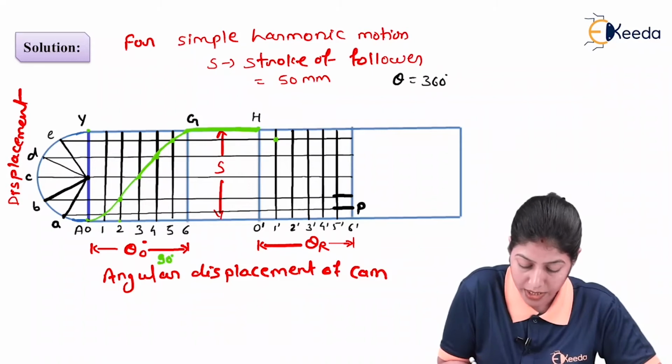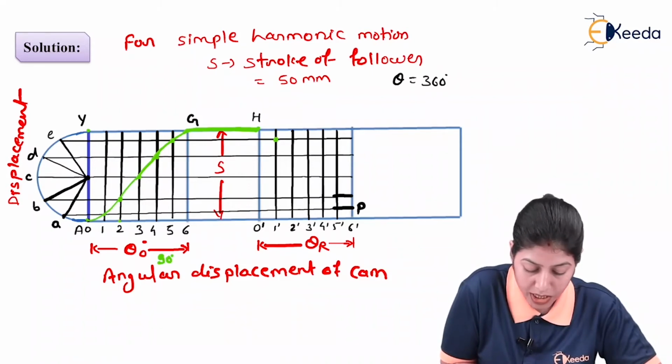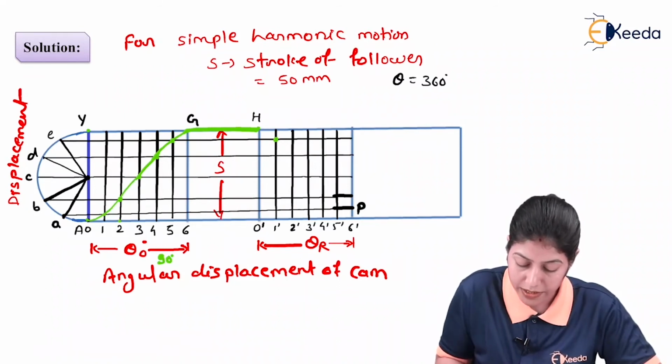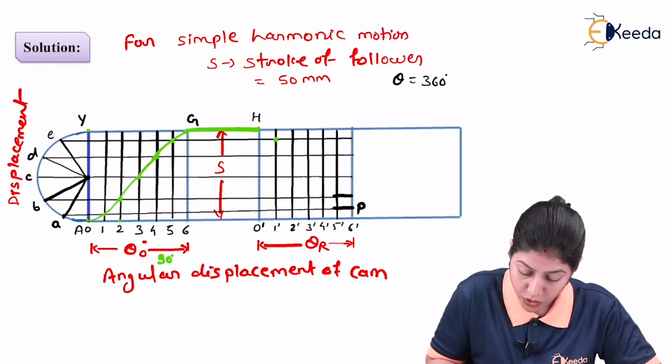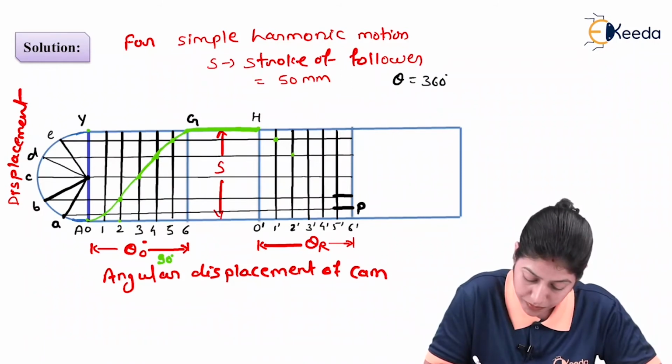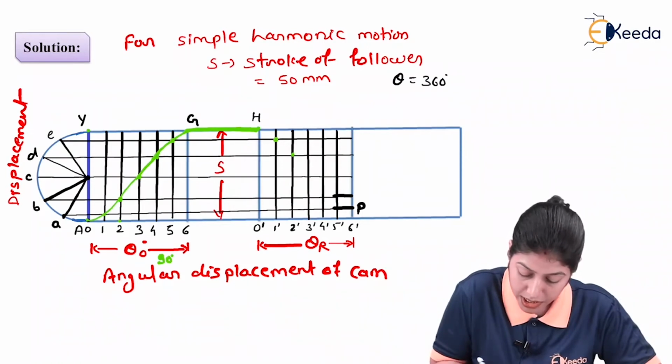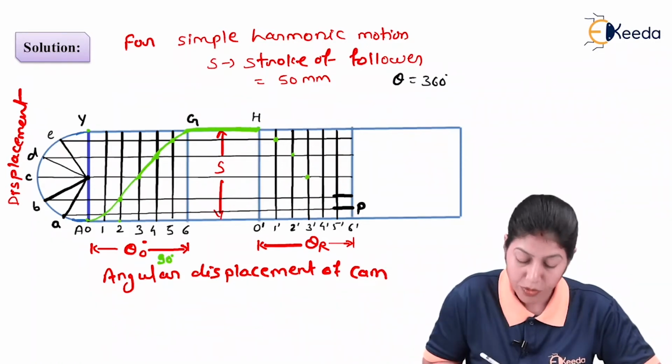The point will be 1 dash and the point will be E, and the lines which are passing through both the points in horizontal and vertical direction. So we will mark the intersection point. In a similar way, we will mark all other intersection points. So for 2 dash, vertical line, and for D, horizontal line, the intersection point will be this. For 3 dash and C, the intersection point will be this.